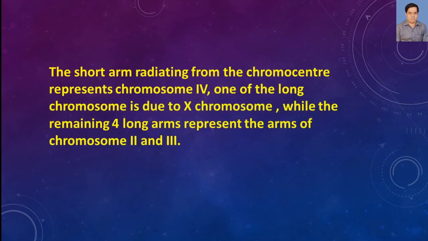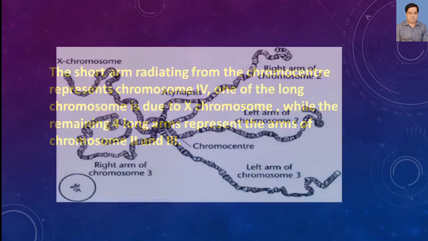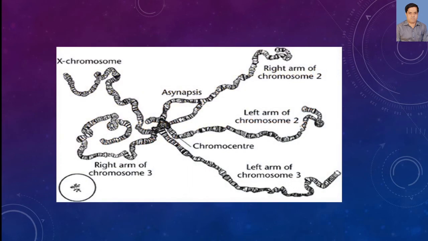The short arm radiating from the chromocenter represents the 4th chromosome. One of the long arms is due to the X chromosome, while the remaining 4 arms represent the arms of the 2nd and 3rd chromosomes. So here you can see all the arms. This is the longest arm, the X chromosome, and this is the center.